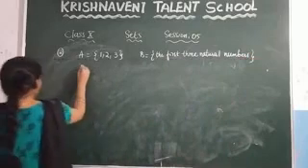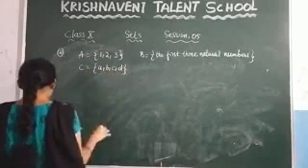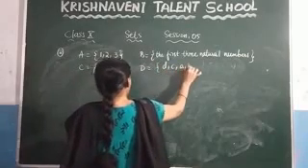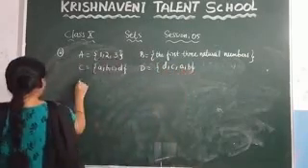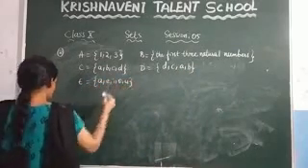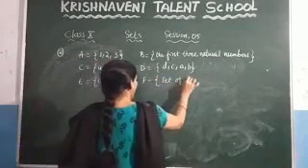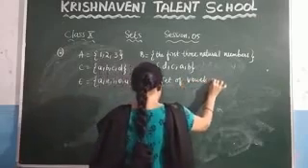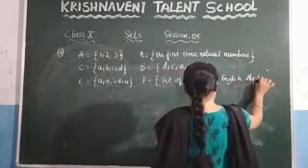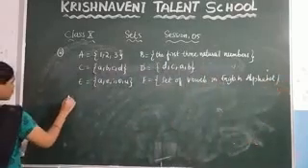And the set C is given as A, B, C, D. And the set D is given as D, C, A, B. And after that the set E is given as A, E, I, O, U. And the set F, which is the set of all vowels in the English alphabet. These are the sets they have given and they asked to fill these blanks.